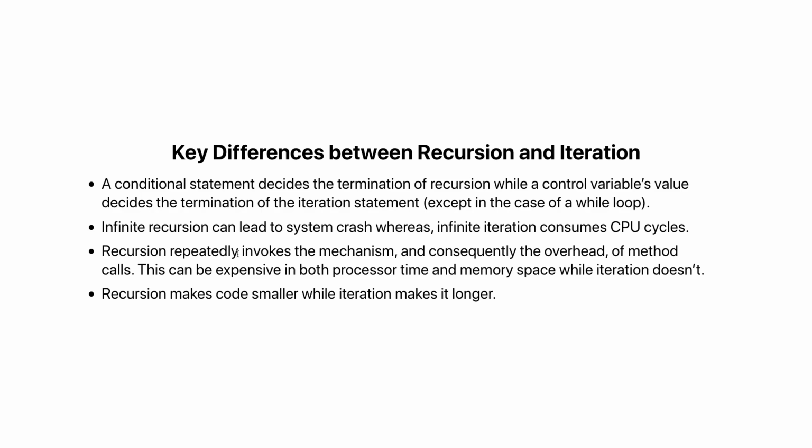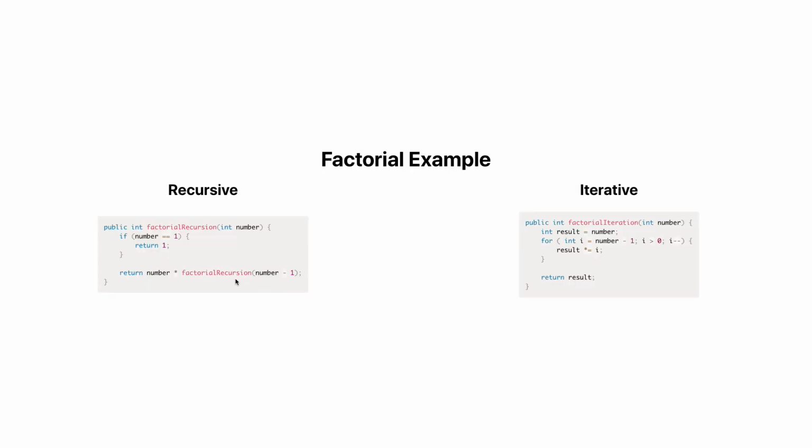Like I said before, recursion has more overhead because it has to keep calling functions, whereas you don't have to do that with iteration. Also, recursion makes code smaller while iteration makes it longer. If you notice, there's less code written here than over here on the iterative side. That doesn't necessarily mean it's faster, but it does mean there's less to look at, and sometimes programmers like functions with fewer lines of code.